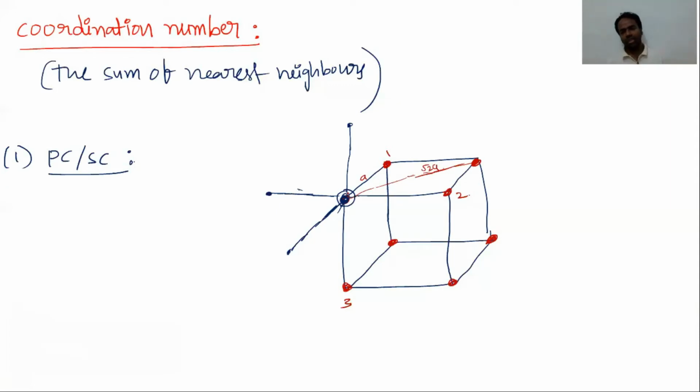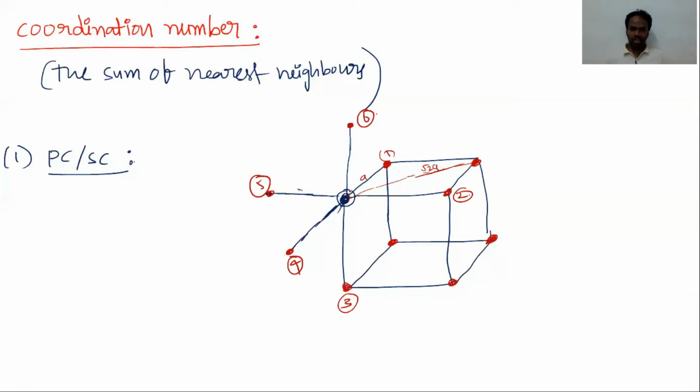If you extend the unit cell along the X, Y, Z directions around this lattice point, you get 3 new points here. So this is 1, 2, 3, and this one is 4, this one is 5, and this one is 6. So how many nearest neighbors are there for this lattice point? Total 6.